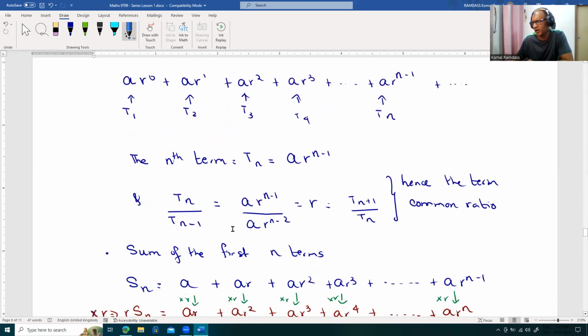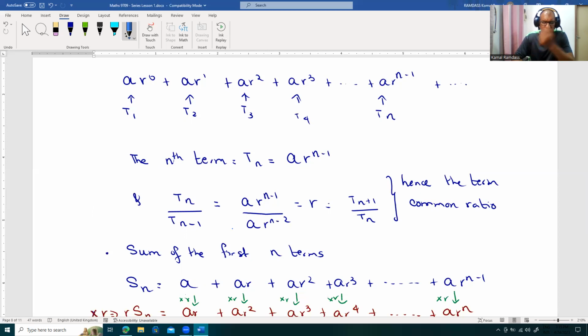OK? Et là, maintenant, nous prenons the nth term, we divide by the n minus 1 term, c'est AR to the power of n minus 1 divided by AR to the power of n minus 2, on gagne R, ou bien il aussi est égal à the n plus 1 term divided by the nth term.